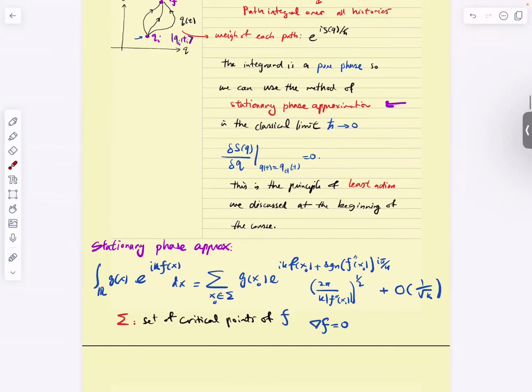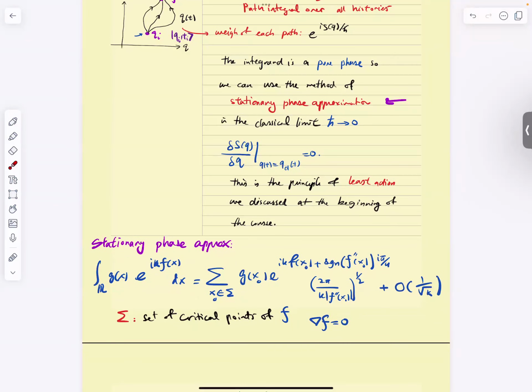So, in this expression, x naught there means like the second point? Yeah. So x naught is a critical point. Critical point means it has 0 derivative. Yes. If it's a function, it's 0 derivative. If it's a functional, it's 0 functional variation.